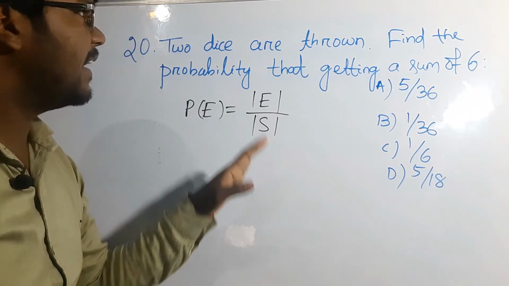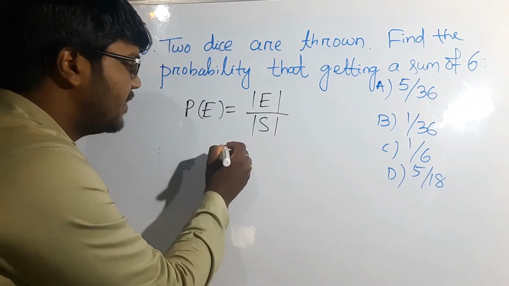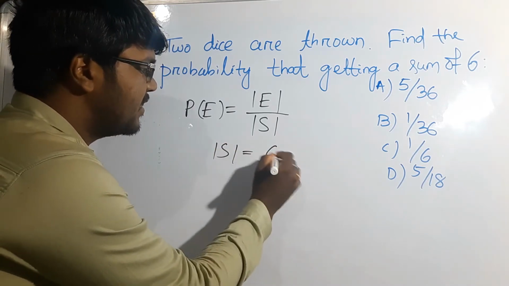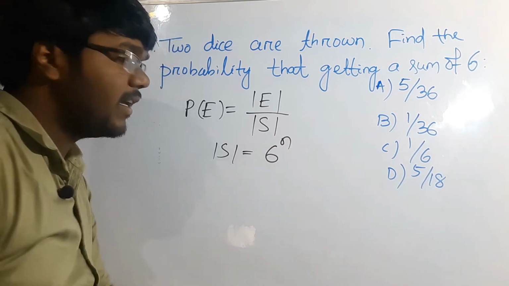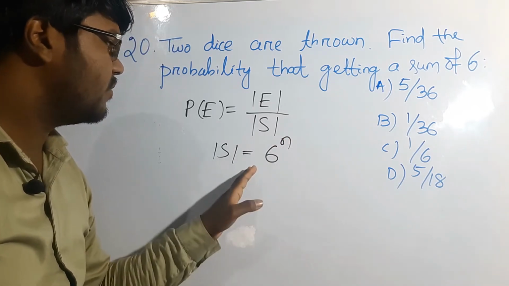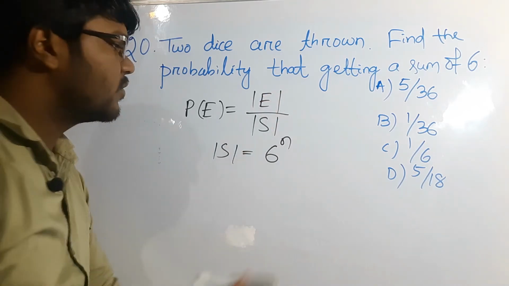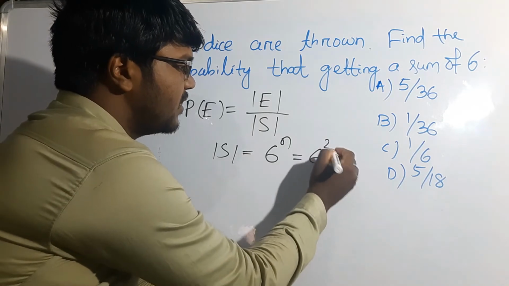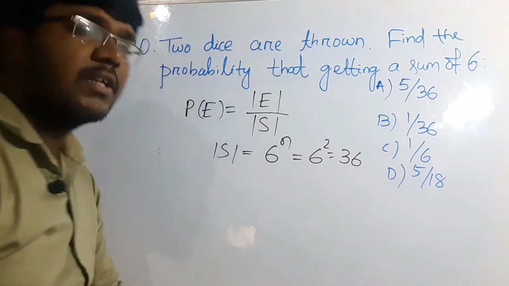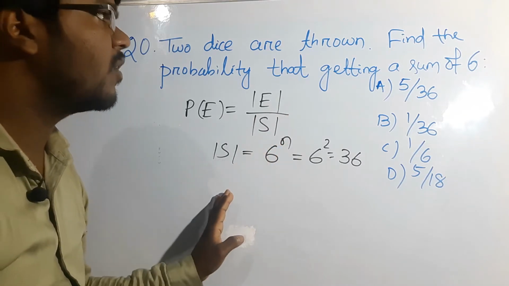When 2 dice are rolled, the sample space formula is 6 raised to the power n. Here n is the number of trials or number of throws of the dice. So here n is 2 because 2 dice are rolled, so its sample space will become 6 squared, which is equal to 36. And what will be the event? For the event it is given that the sum is 6.